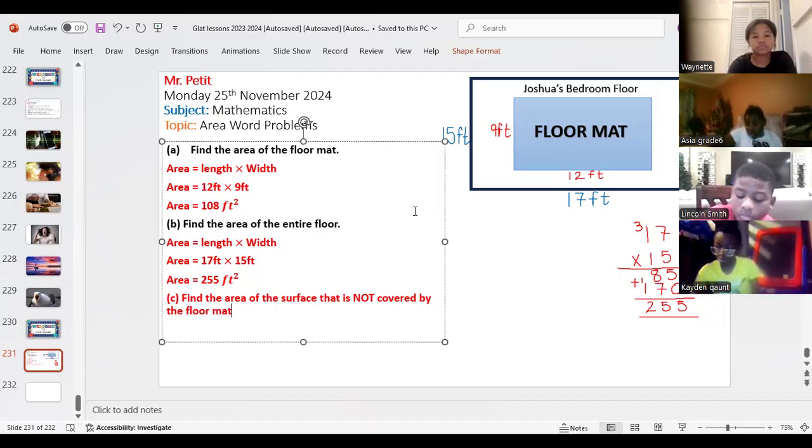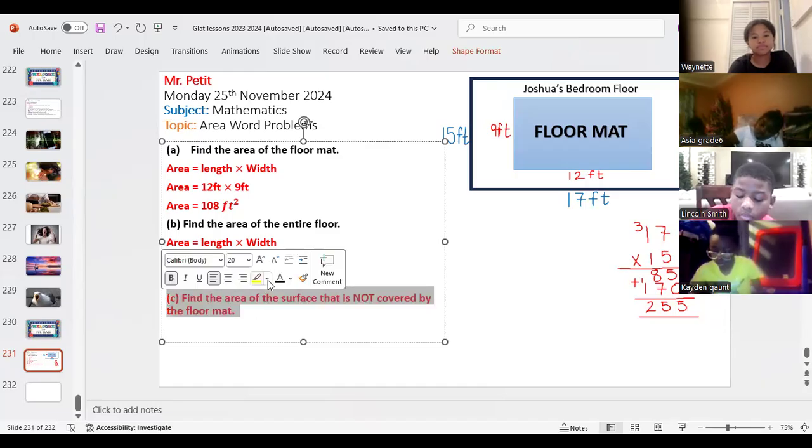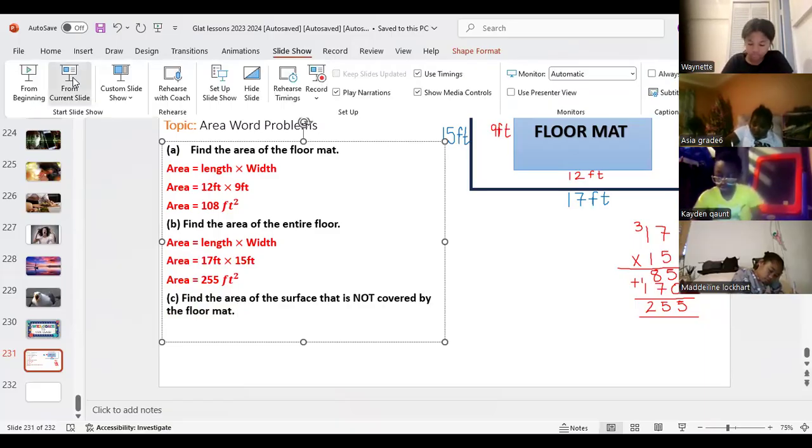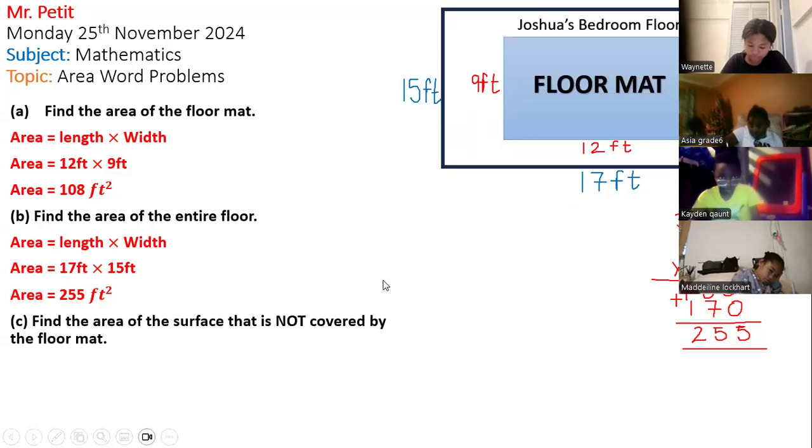Find the area of the surface that is not covered by the floor mat. All right, so we want to find the area of the surface that is not covered by the floor mat.